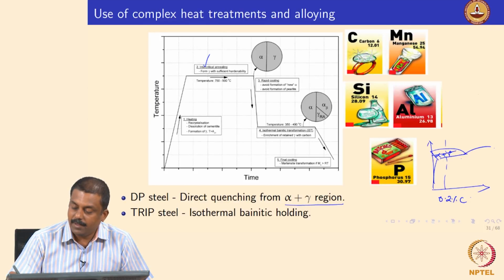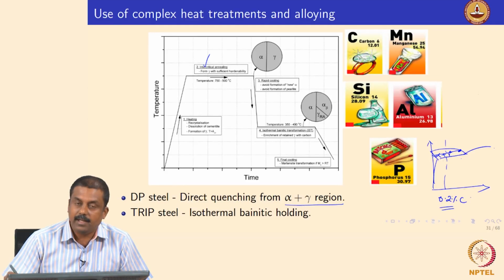If you hold it here, you form austenite with an enriched amount of carbon. The amount of carbon in austenite is always higher than in ferrite, so even though you have a 0.2% bulk carbon concentration, your austenite carbon concentration will be slightly higher than your bulk.